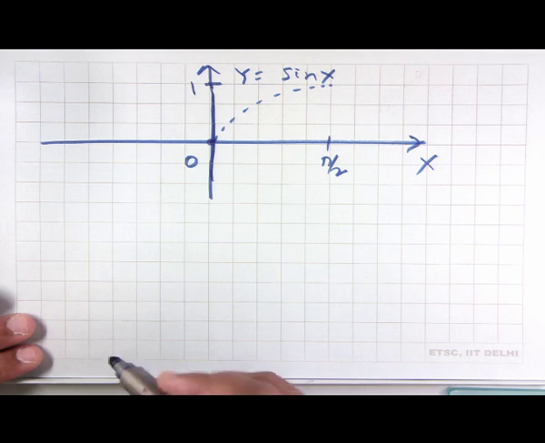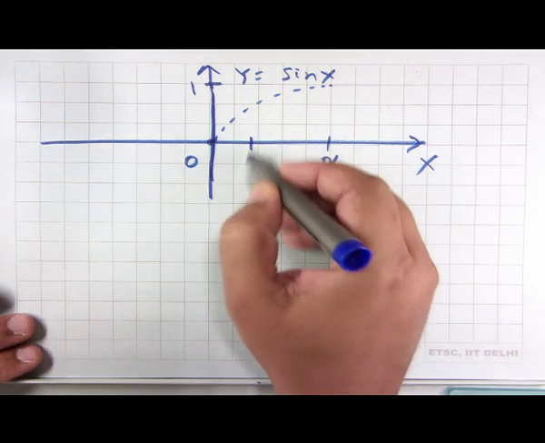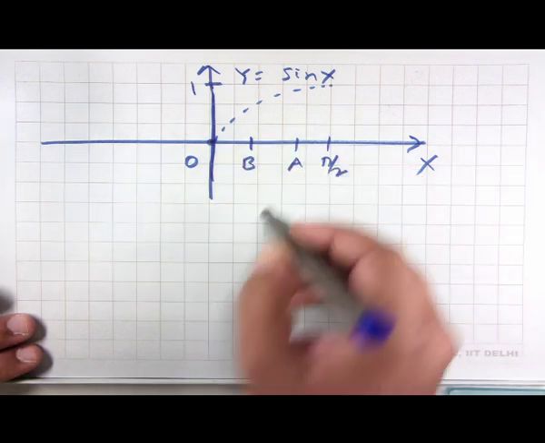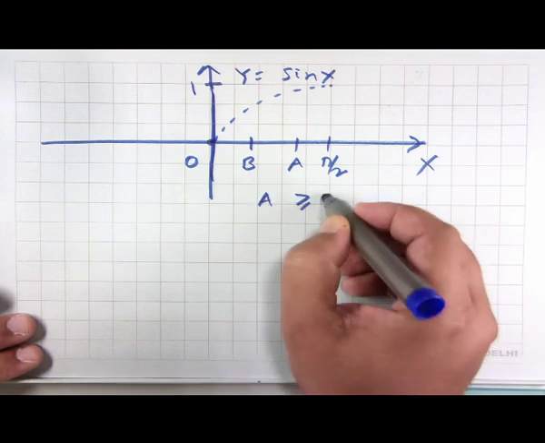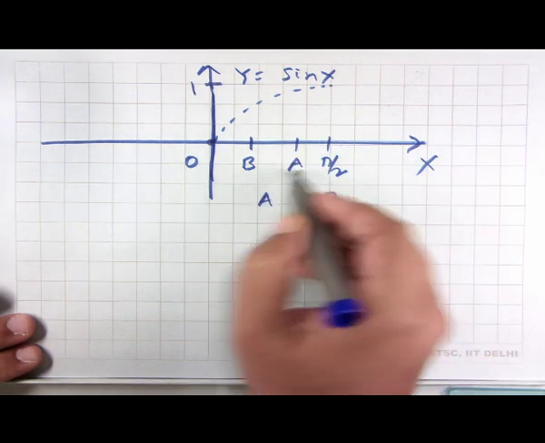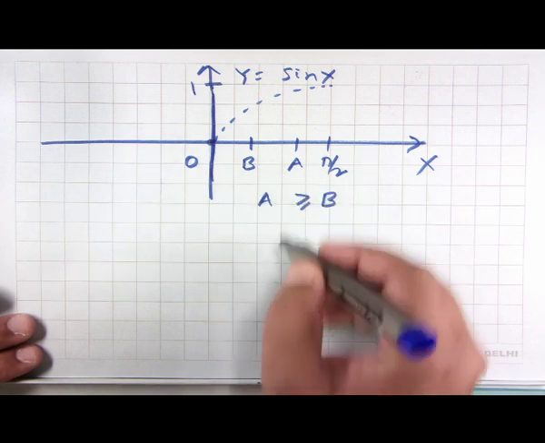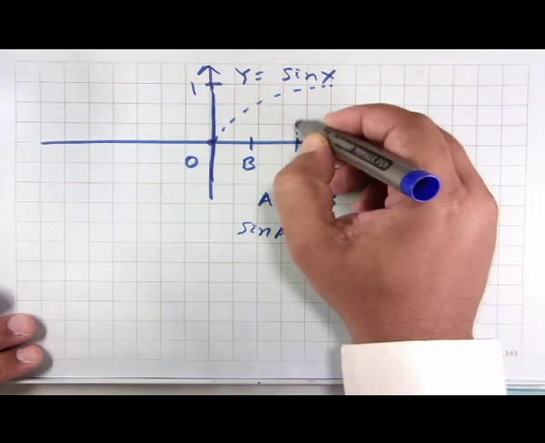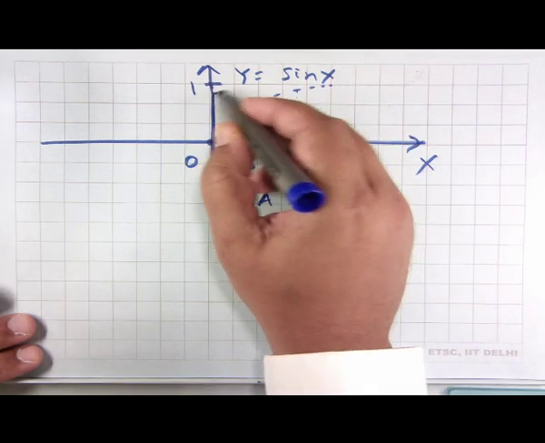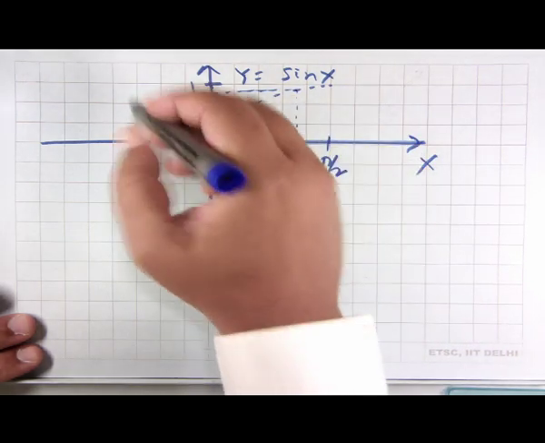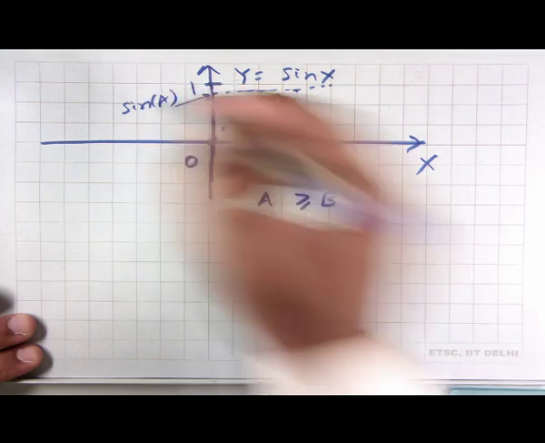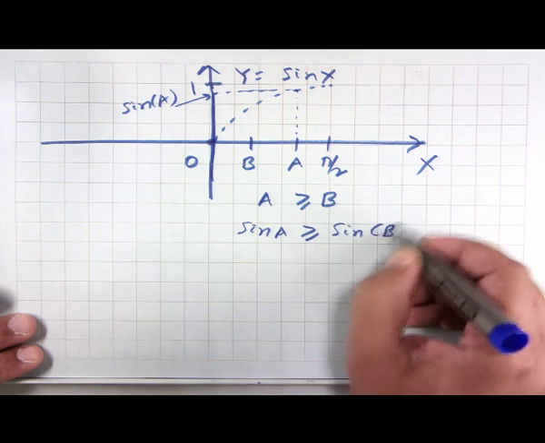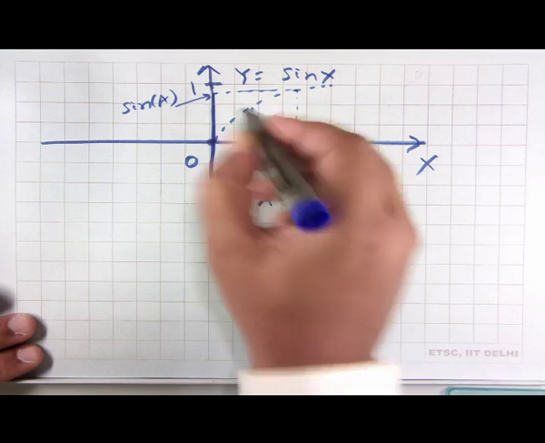So what that means is that for any two values, let us say A and B, if A is greater than or equal to B, as is the case shown in this graph, then sine of A, this value over here, will be greater than or equal to sine of B, this value.